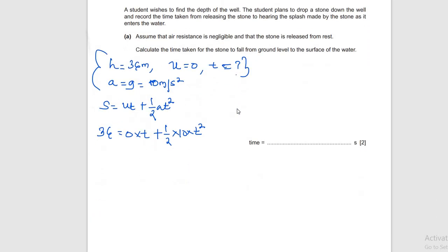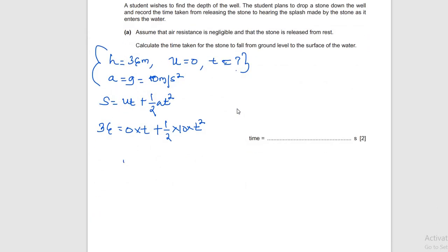So from here, you're going to have 36 = 0 times t, which is 0, plus half g t squared. This one gives 5t squared. Let's make t the subject of the formula.